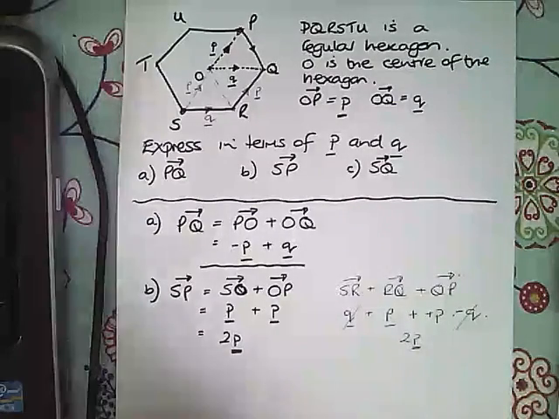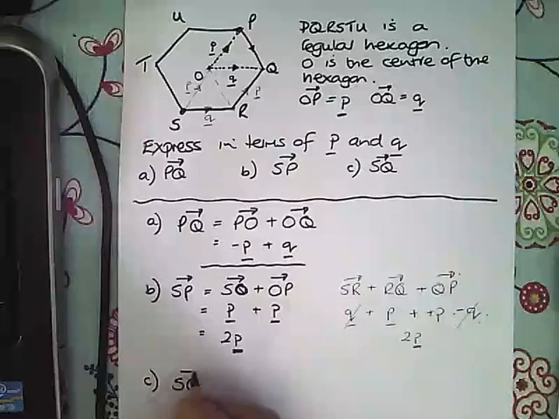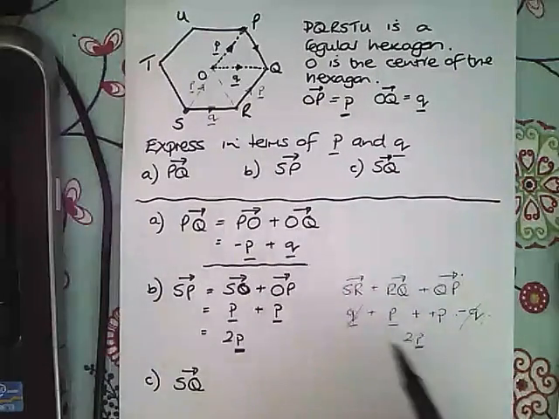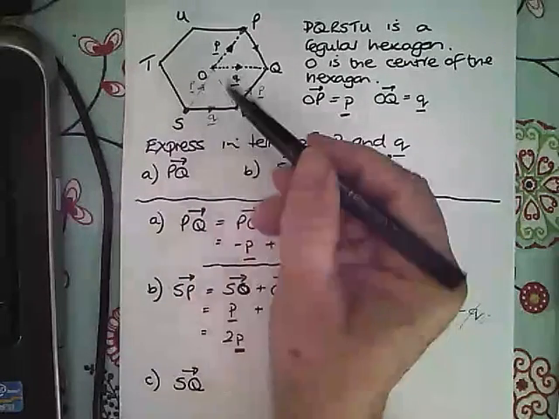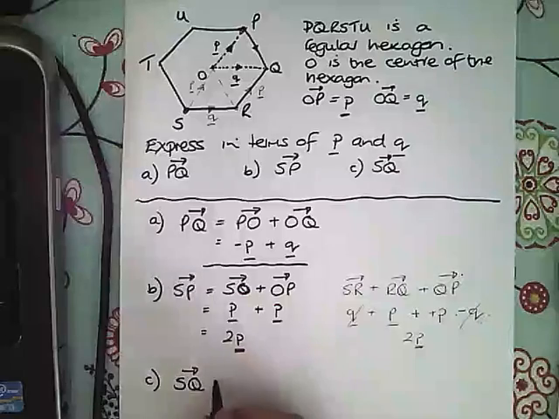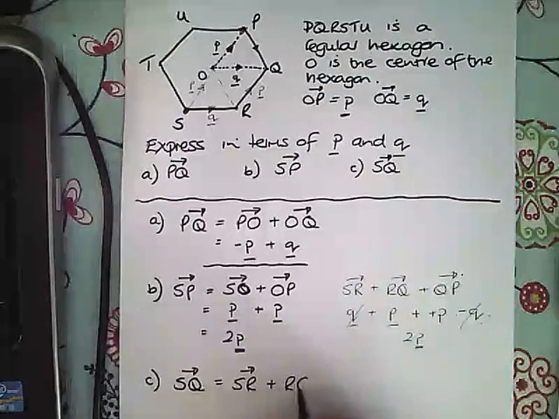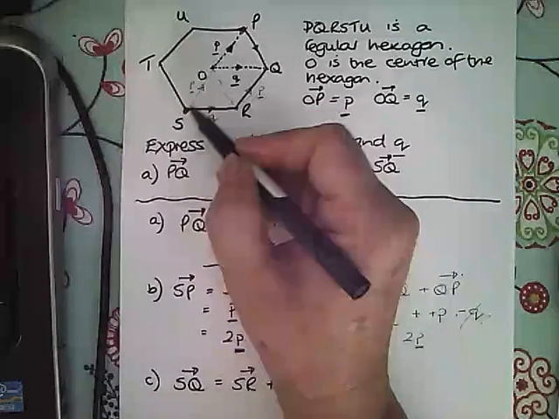And finally, for part C, S to Q. Let's have a look at how we get from S to Q. It's part of this question, isn't it? S to R and then R to Q. So SR plus RQ. S to R, this is parallel and in the same direction.